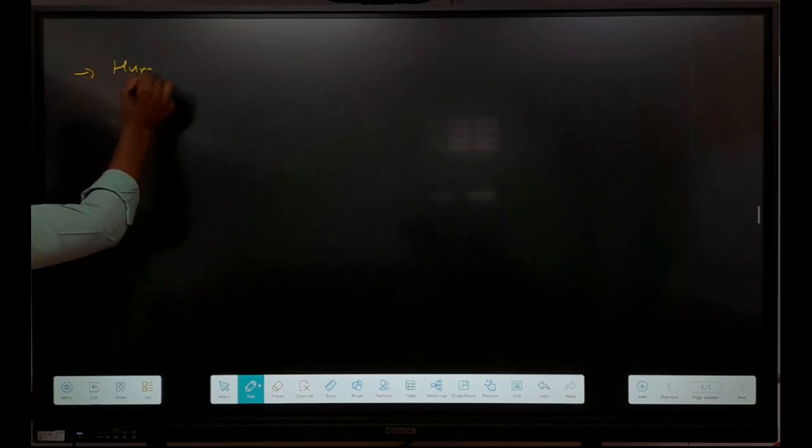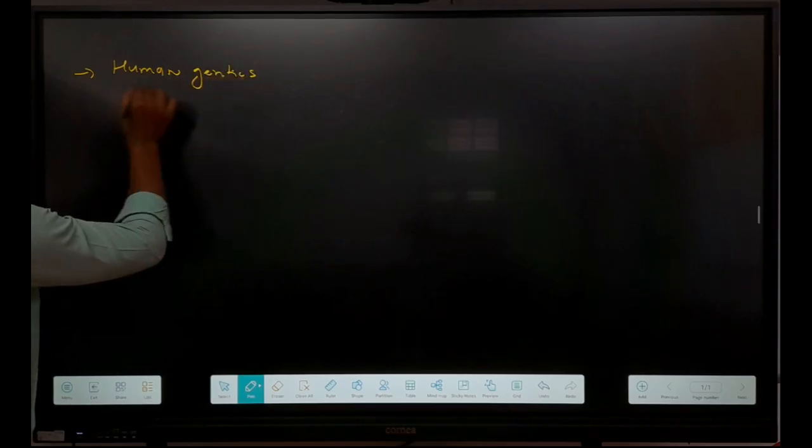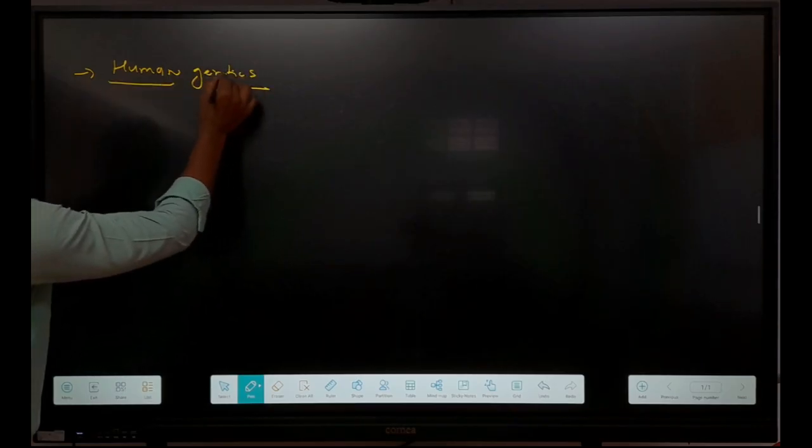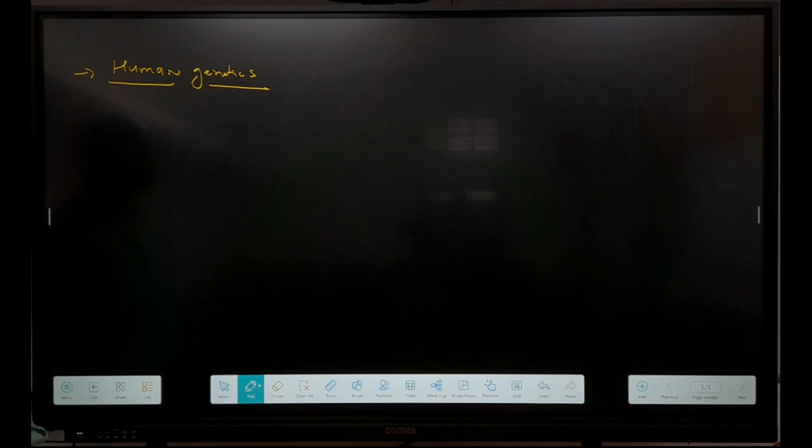So first, what is here? Human genetics. Human genetics means what? The study of analysis.